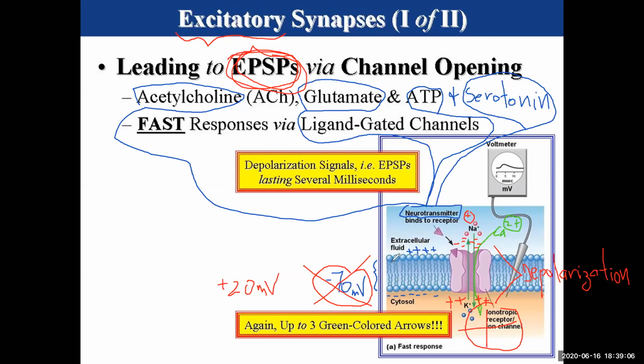So if it's the cell body, then chances are it will get to the axon hillock and the signal is still there, right? Less in terms of intensity, but still there. If it's the farthest out of the dendrites, then most likely a single EPSP will die out before it even gets close to the cell body, right?